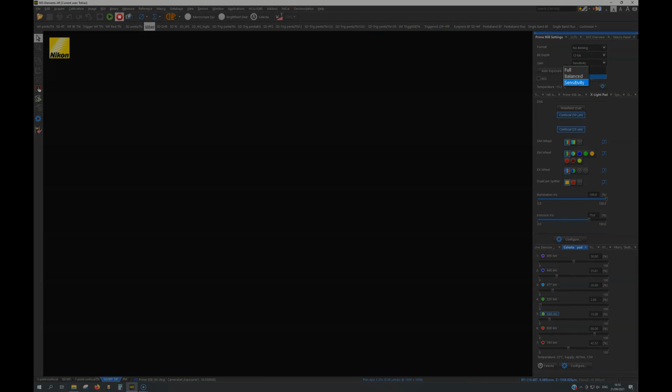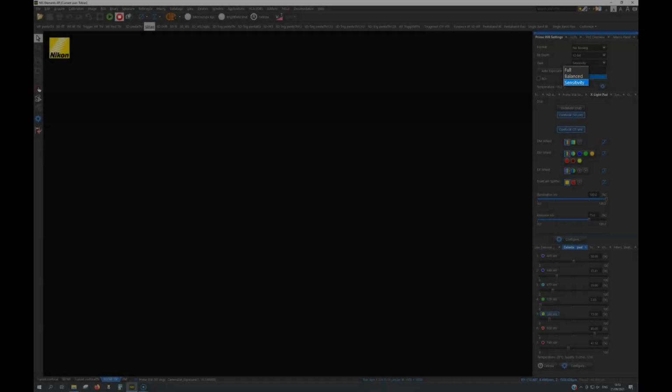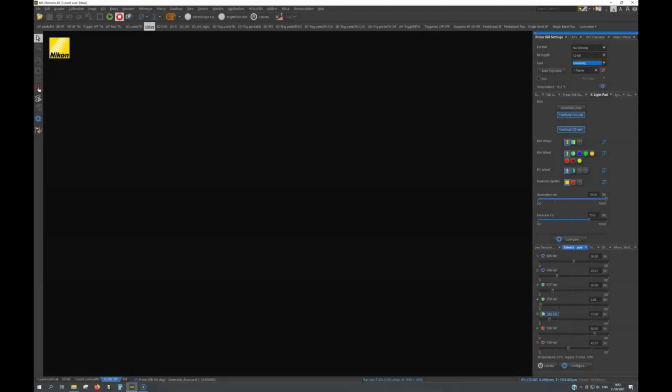The third parameter we need to set is the gain. We have three choices: full, balanced, and sensitivity. Sensitivity gives us the highest gain, so we'll use this as we expect short exposures to give a small number of acquired photons.